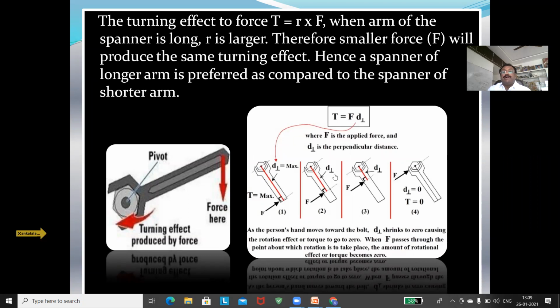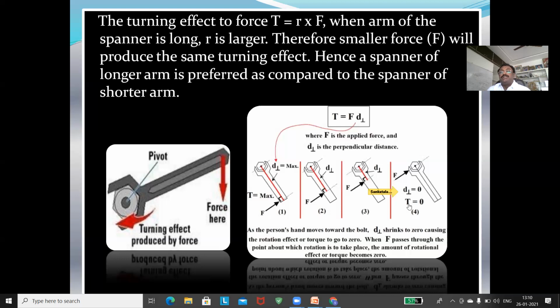Now, in figure 2, the perpendicular distance decreases because the length of the spanner is decreasing. Then the effect of torque also decreases. Again in figure 3, we are taking a spanner of very short length. Then the perpendicular distance decreases by a great amount, and the torque also decreases.